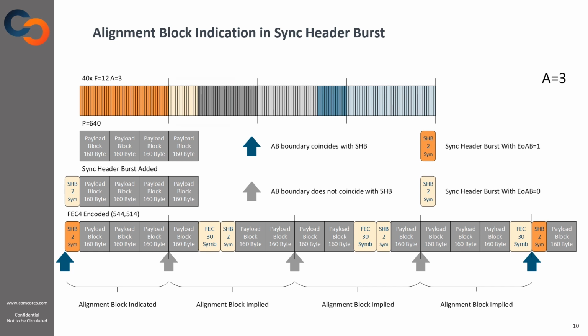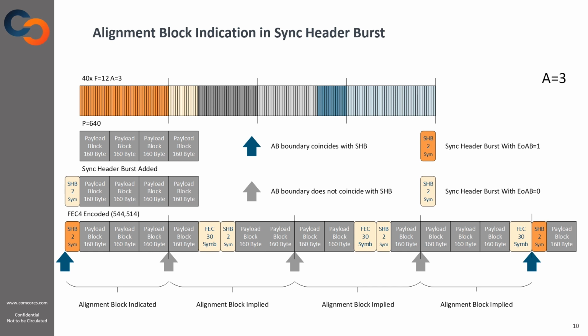And again, the payloads will be RS-FEC encoded with sync header burst and parity symbols added. And on the bottom, we can see that not every alignment block will now fall on a FEC code word boundary and be covered with a sync header burst. So it cannot be indicated by an end of alignment block indication in that sync header burst.